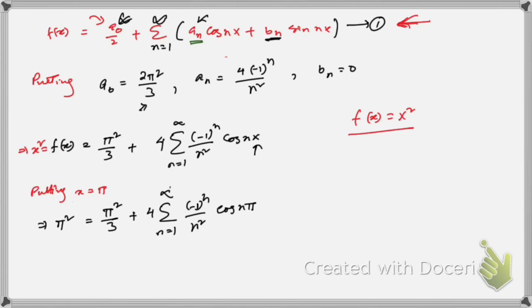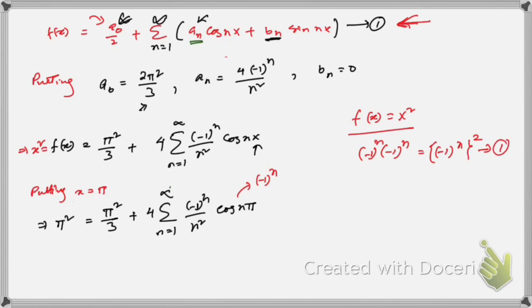So cos n pi is again minus 1 to the power n, right? If you multiply minus 1 to the power n by minus 1 to the power n, then it's going to give you minus 1 whole to the power 2n, so that's why this is always plus 1, right?